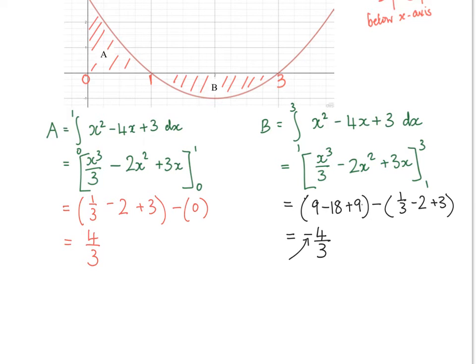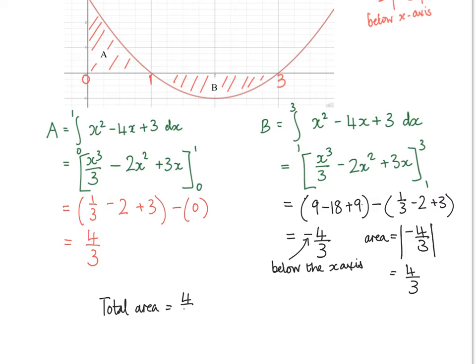So the negative sign confirms it's below the x-axis. So what we want to do is the area is actually equal to the modulus of minus 4 over 3, so it's just 4 over 3. So the total area that we want is A and B added together, and that's equal to 4/3 plus 4/3, which is 8 over 3, which can be left like that, or 2 and 2/3. So always try and put it in an exact form.